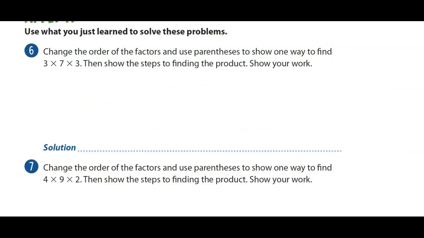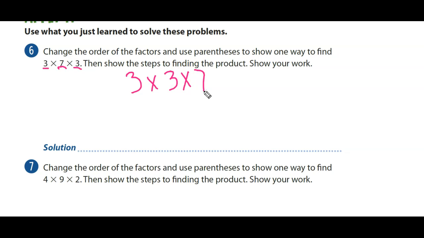Okay, this one says something a little bit different. It says change the order of the factors. So right now the factors are in this order: 3, 7, and 3. How can I change the order? 3, 3, 7. So how do I write it? 3 times 3 times 7. Perfect.